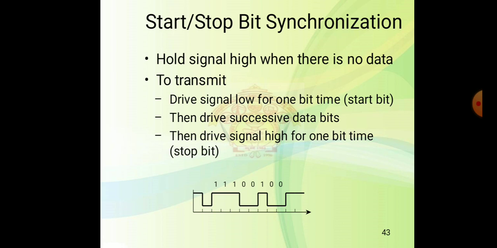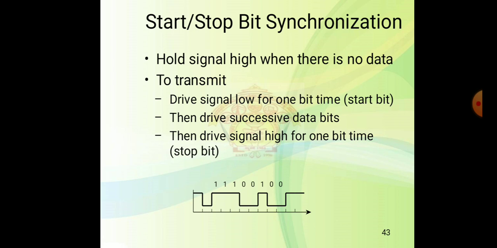To transmit, we have to start with one start bit. When data is ready, transmission proceeds by using a start bit, by giving a low logic level, one bit to indicate the start of communication.